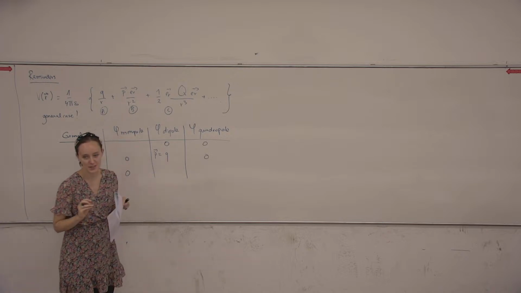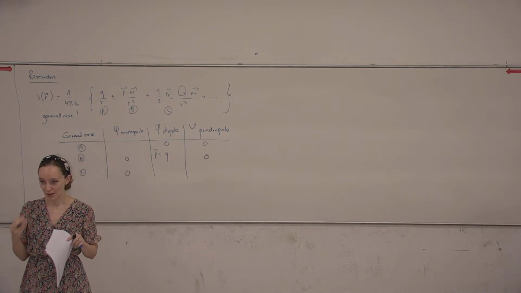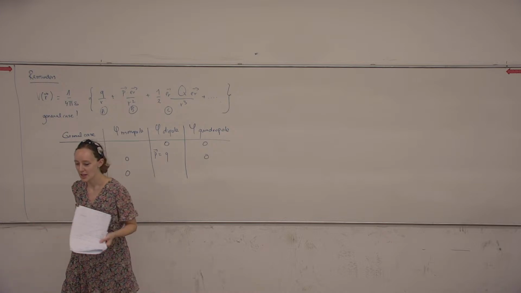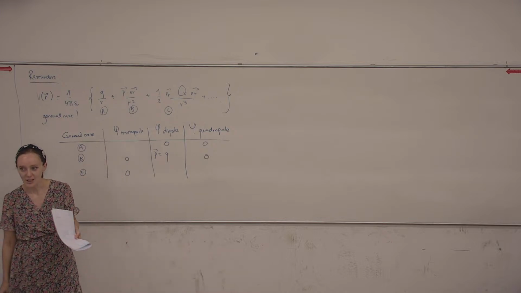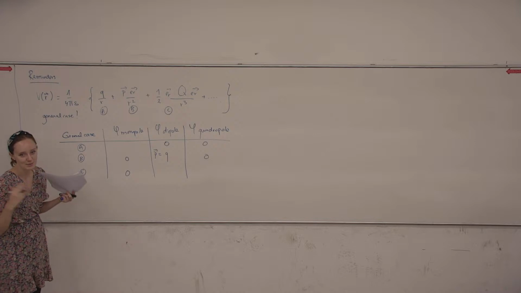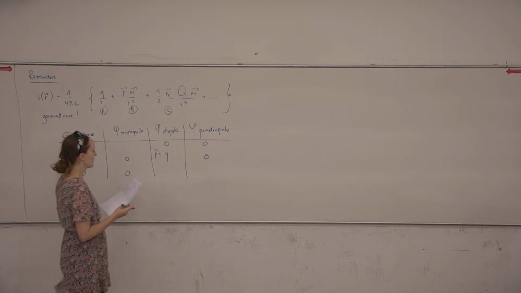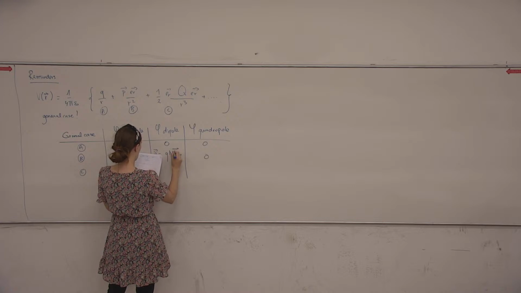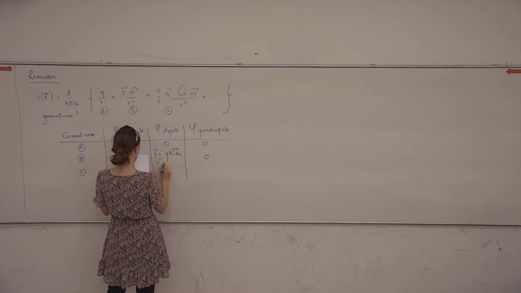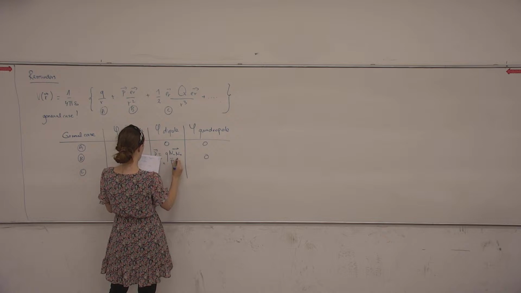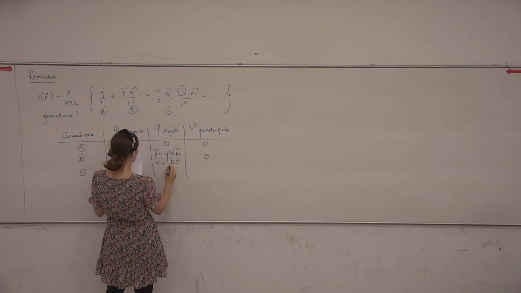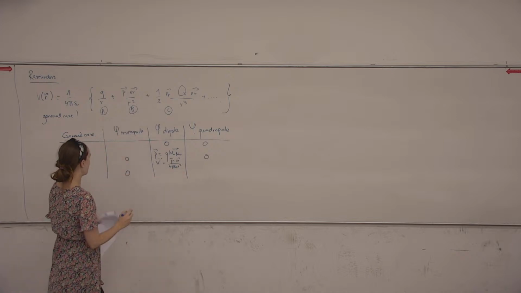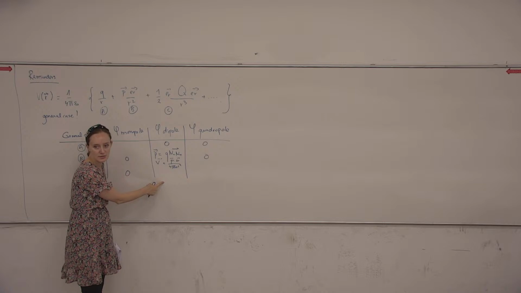I'm taking a few minutes to remind all of this because we're going to use it a lot today. Today we're going to talk about electric fields in matter, and the way we model matter is with many small dipoles. So we will need all these things today. So I have this p dot e_r over 4 pi epsilon 0 r squared. And is this 0 in the case of a physical dipole?